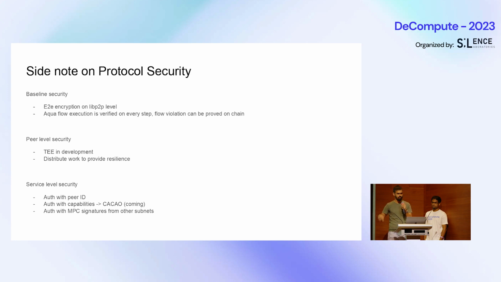And they should collaborate to provide the required service level. And for security inside the services, you can authenticate with a peer ID, you can authenticate with capabilities like UCAN or signatures, or you can use MPC signatures from other subnets, so that one subnet can be authorized with MPC to trigger some execution on another subnet.